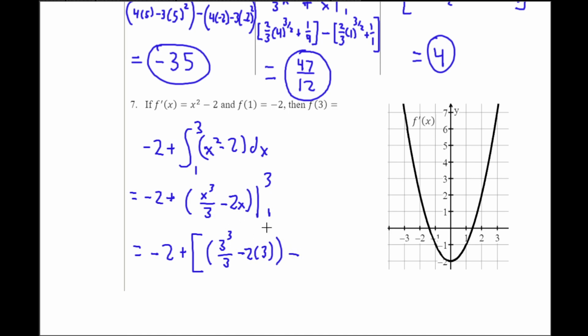We're plugging the 3 into this function, then subtracting, plugging in the 1. So 1 cubed over 3 minus 2 times 1. If you continue all the way through, you end up getting 8 over 3.